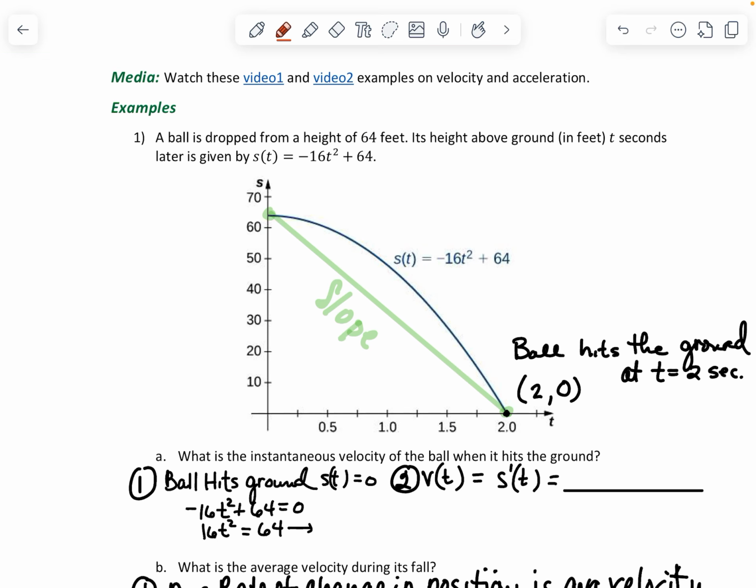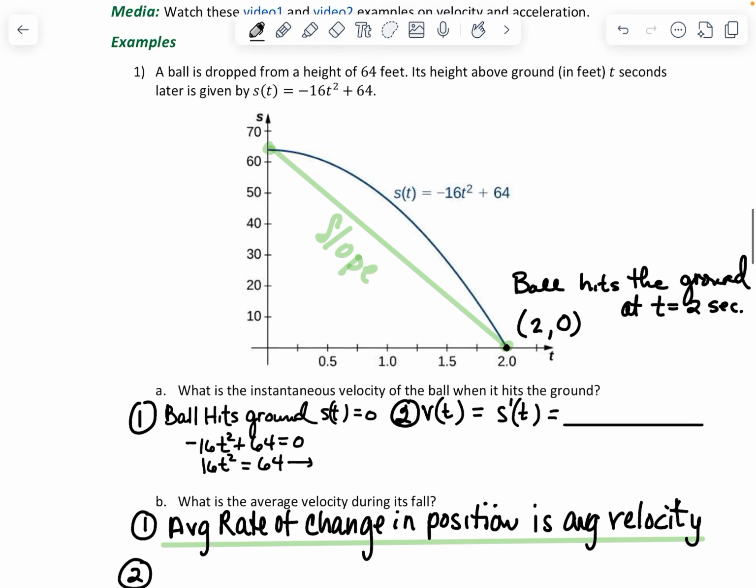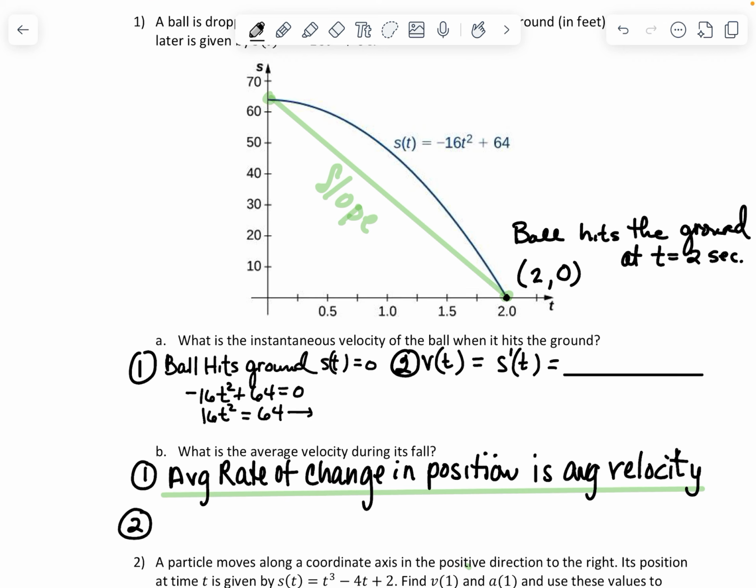I kind of marked this graph up a little bit, so I hope it doesn't distract you too much, but we're picking up with this graph where it says a ball is dropped from a height of 64 feet. Its height above the ground in feet t seconds later is given by s of t. So that's your position function. And the ball hits the ground at 2 seconds.